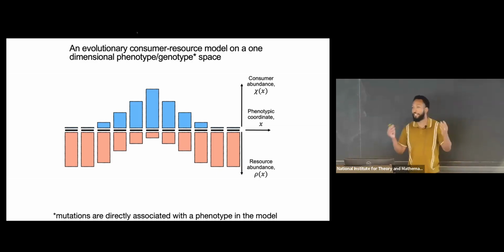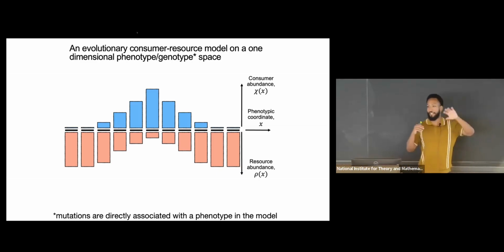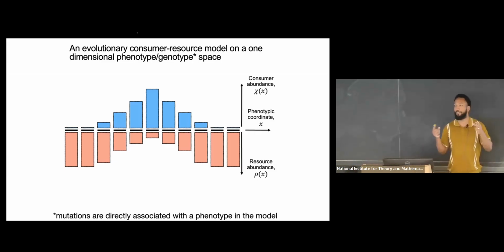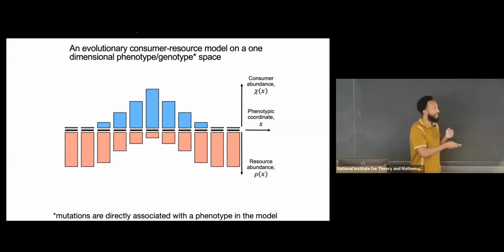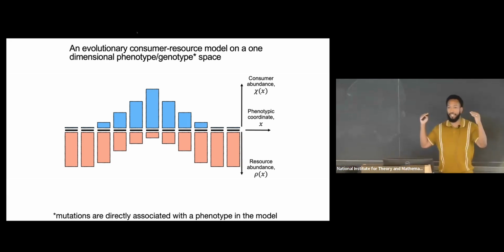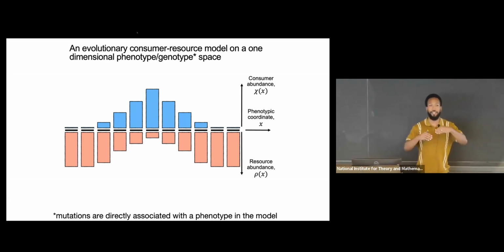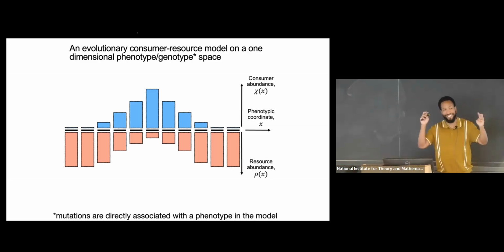If we look at the bacteria and phages example, for instance, the bacteria would be the resources, and the phages would be the consumers. And the idea is that the phenotype coordinate could be the proteins expressed on the bacterial wall, for instance, that would allow a phage to eat it or infect it.